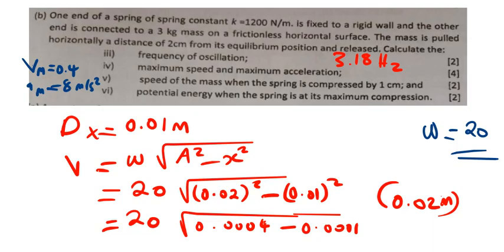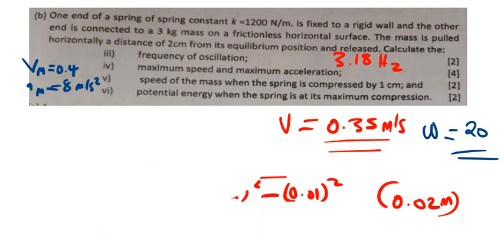Let me just do it in advance. 20 times the square root of 0.0004 minus 0.0001. So what do I have? I'm getting my V as 0.35. Since this is the speed of the mass, this will be meters per second. So that's how you solve this one.